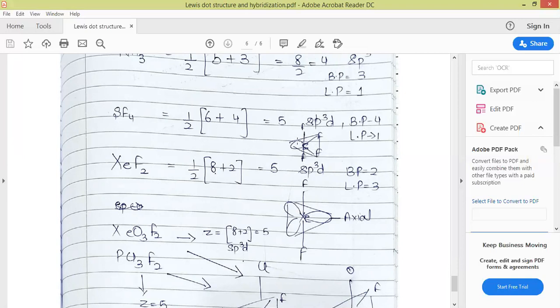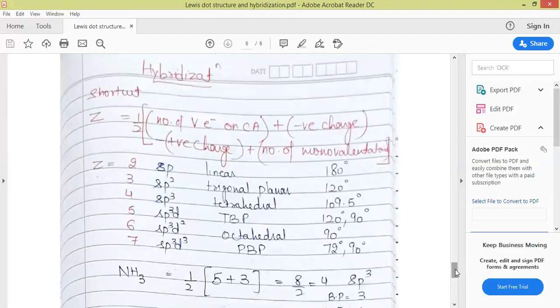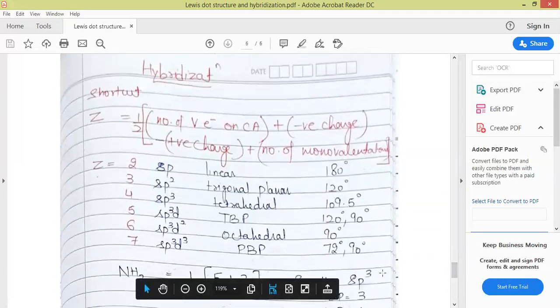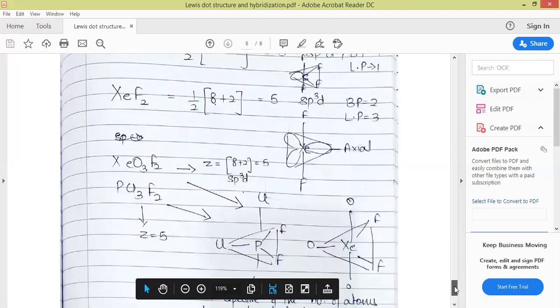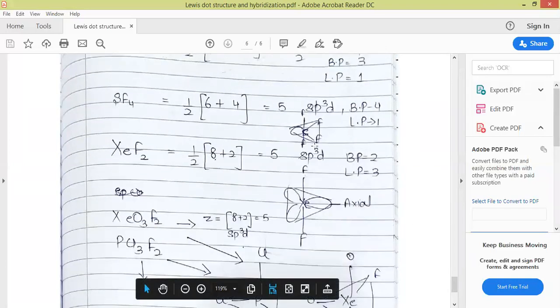Here we have placed the lone pair on this position and not on this position. There are two positions in the geometry in case of trigonal bipyramidal, as two types of bond angles are there, and pentagonal bipyramidal. Here we need to see which atom is required to be kept where, or if a lone pair is present, where it is to be kept.